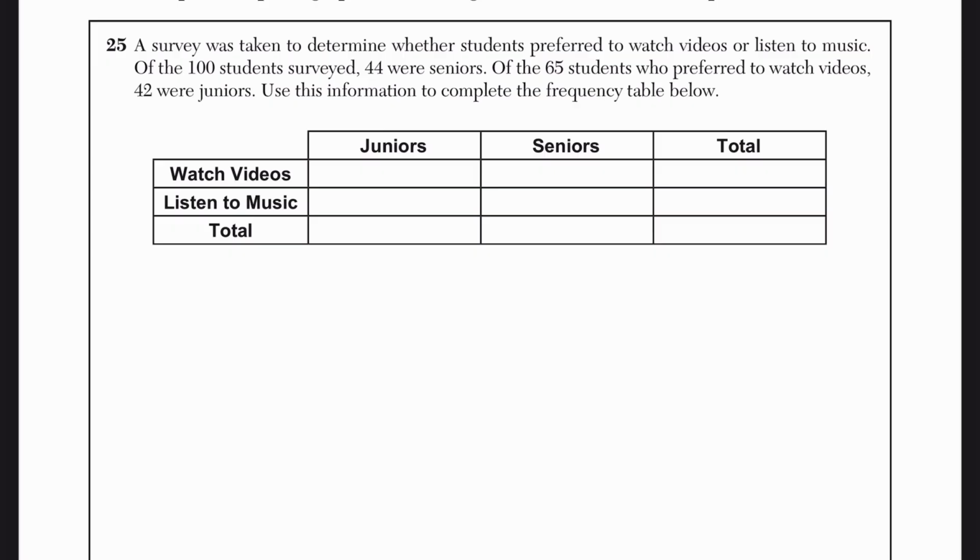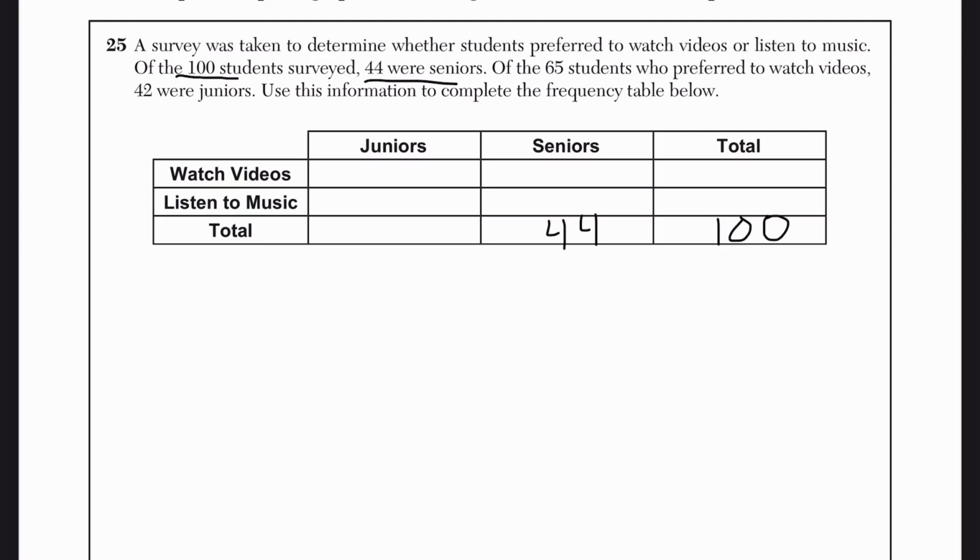So this is a two-way frequency table. As far as a show your work problem, this is pretty fair. We should definitely be shooting for full credit on this. Right away I'm seeing a 100 student survey, that's going to go in the total. Then it says 44 were seniors.